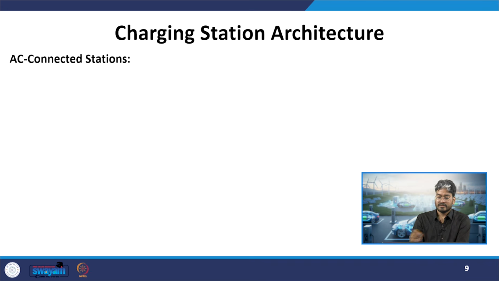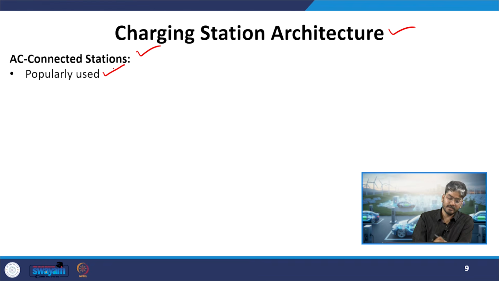Then now charging station architectures. Okay. In this case we have two popular types of architectures, depending on the source available with us. First is your AC connected charging station, where we will have the input as an AC signal. It is popularly used because generally we have AC grids.